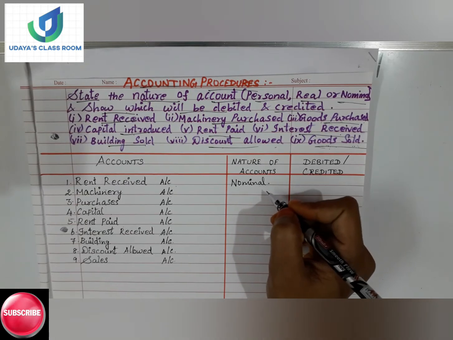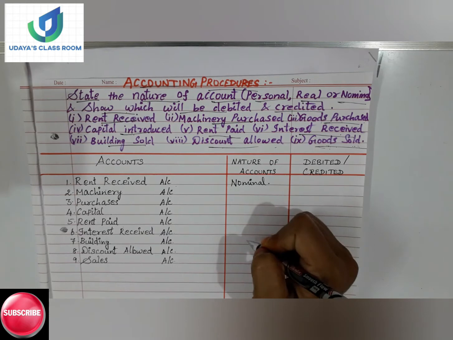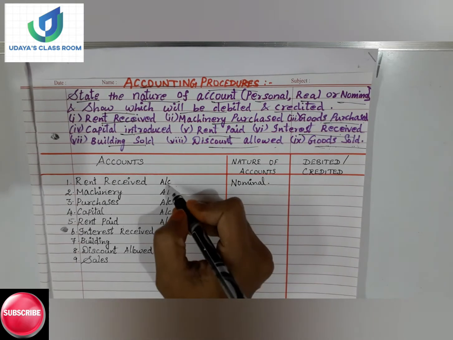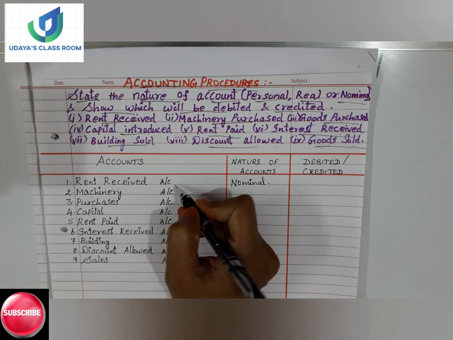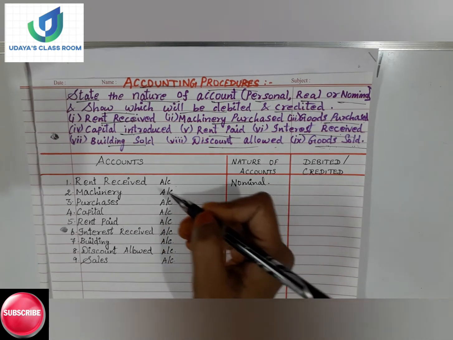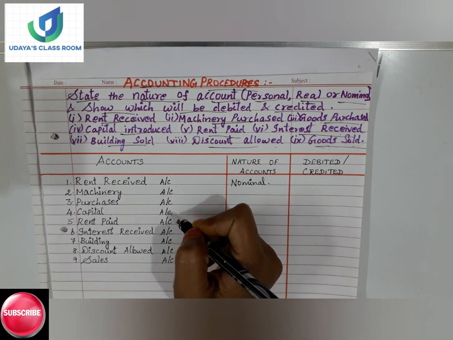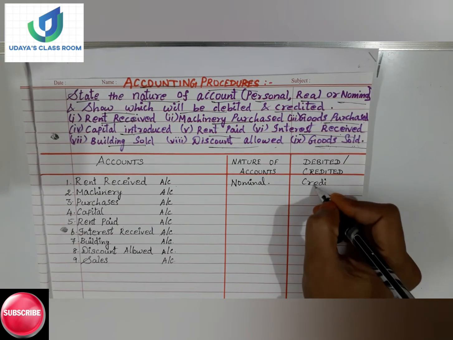What is the rule of nominal account? Debit all expenses and losses, credit all incomes and gains. So it is not an expenses. We have received rent, so it is credit all incomes and gains. So we have to credit. It should be credited.